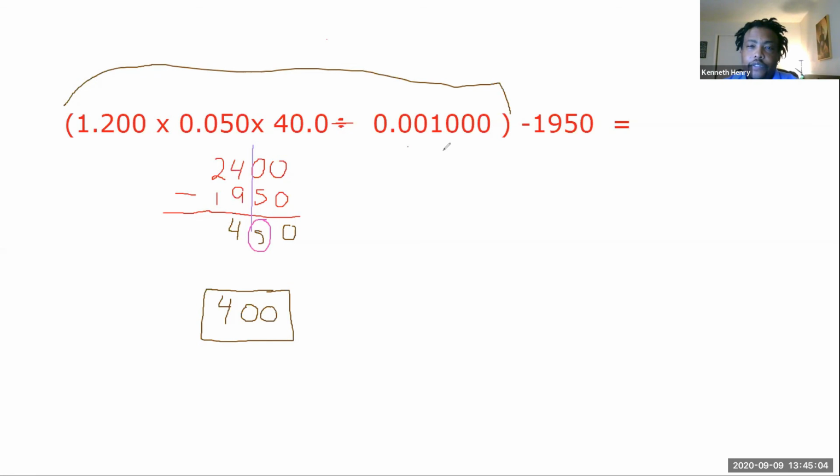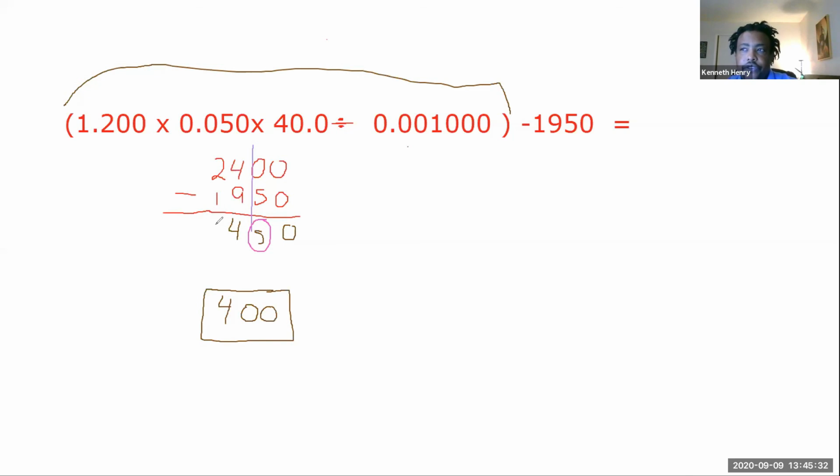Do you understand? Yeah. So in terms of your rules, you have to do your multiplication rule. Did we not do our multiplication rule? Yeah. And so we've already taken care of it, so we can check that one off. Then we have to do our addition and subtraction rule. Didn't we just do that right here? Yeah. So now we can check that off.